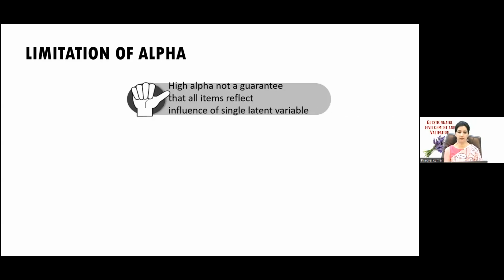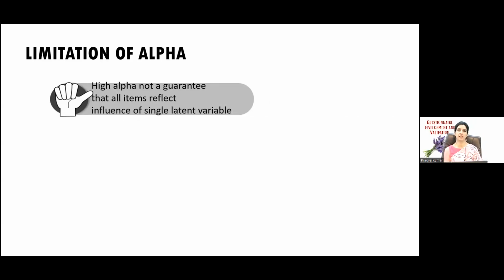So now we have discussed the reliability analysis, and we have seen that we calculate the Cronbach alpha. But there is a limitation of Cronbach alpha. The first limitation is that a high alpha value does not guarantee that all items reflect the influence of a single latent variable.